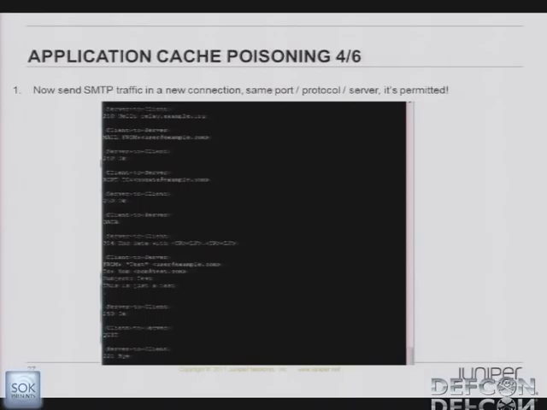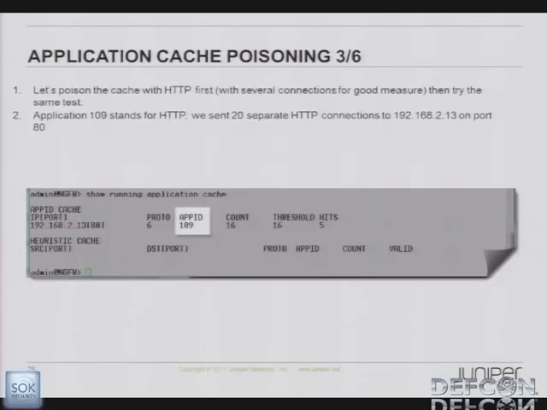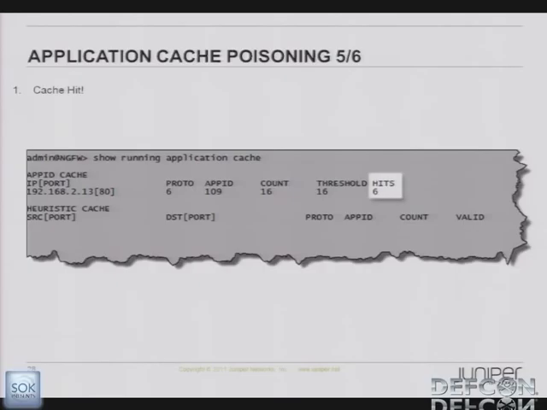It worked just fine. And the reason why is because it identified that traffic on TCP port 80 on the server, which is 192.168.2.13. Anything that goes over there until this cache entry times out is going to be considered HTTP, even though it isn't. And we can see here now that we're getting cache hits.